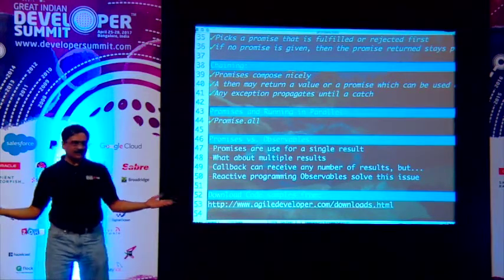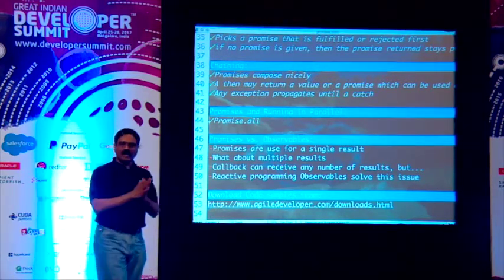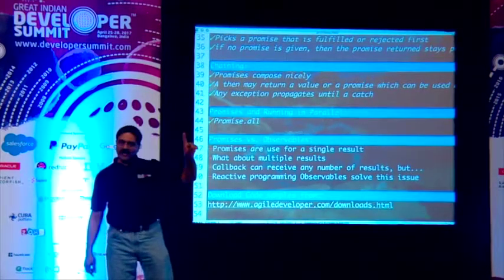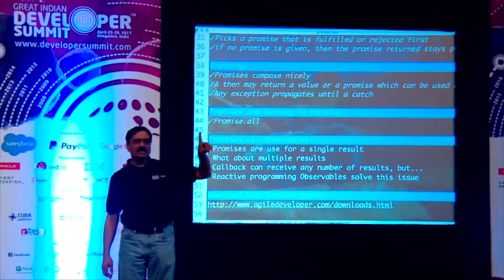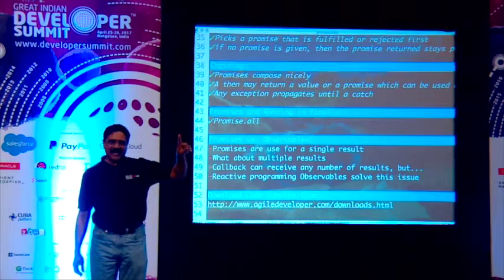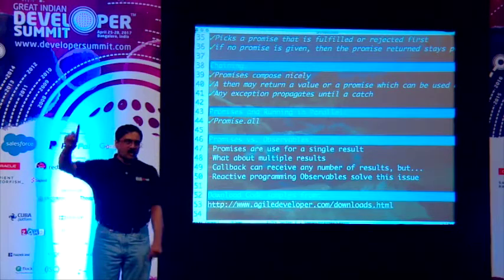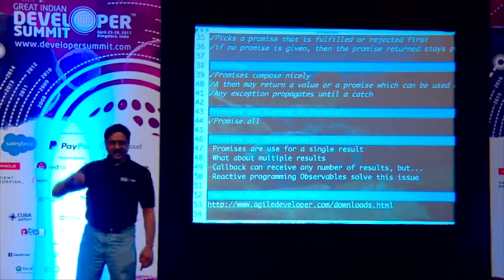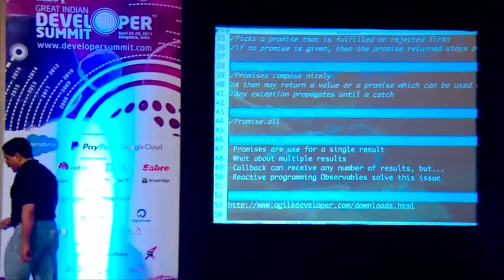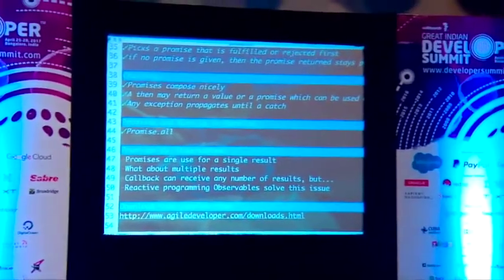All says, I'm going to wait until all of them resolve, or one of them rejects. It's like your AND operation, right? All of them resolve or one of them rejects. So this is useful to do multiple operations. Let's see if we can use this in an example real quick.